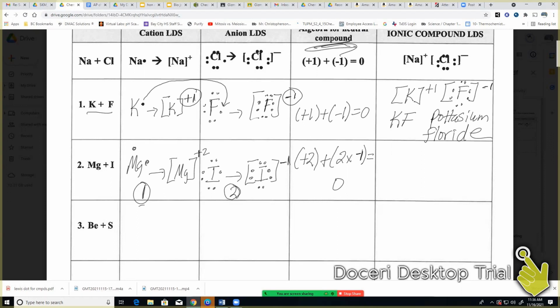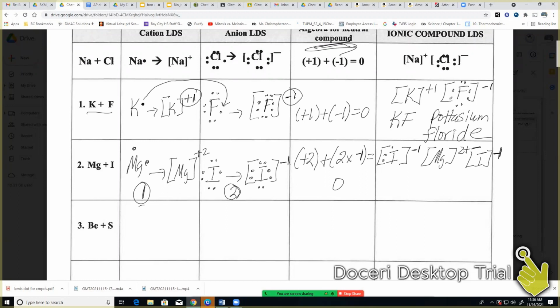So now we put it together. We know we're going to need 2 of my iodides and we want them to alternate. So I'm going to start with my iodide. I put my magnesium in the middle. And then I'll put another iodide over here.